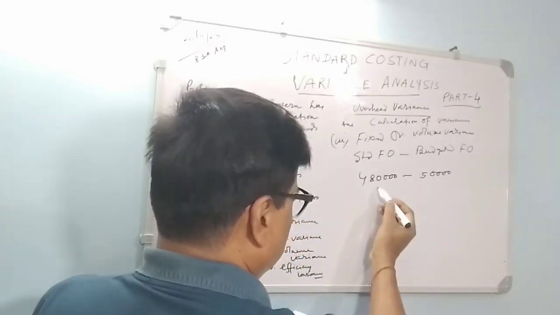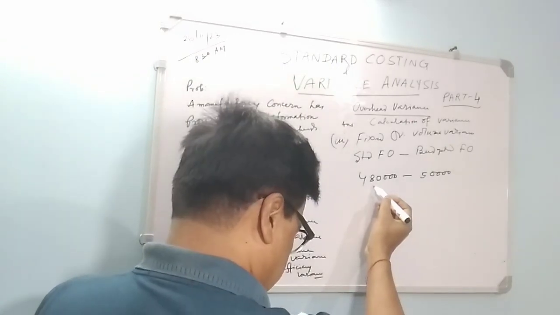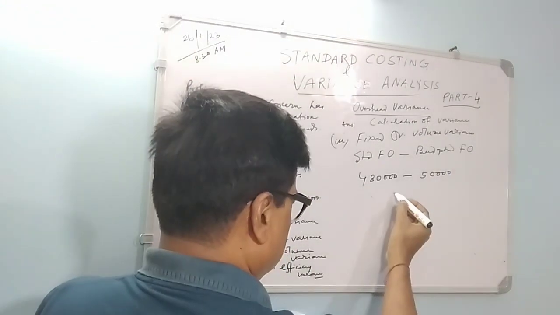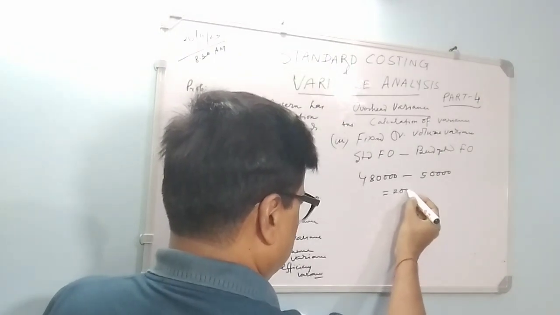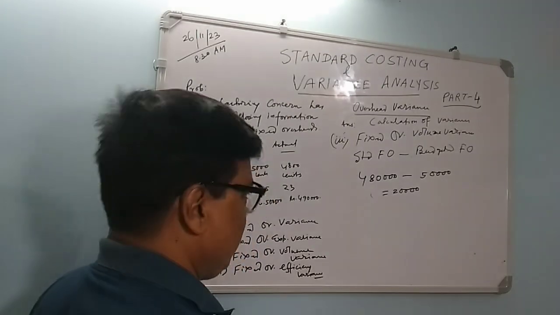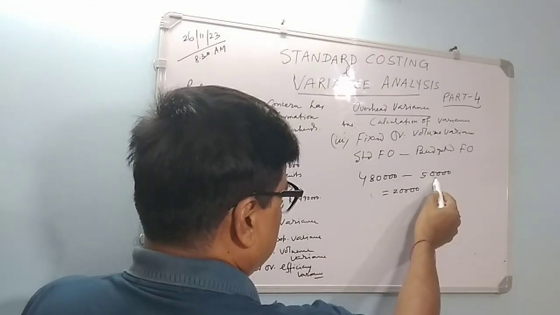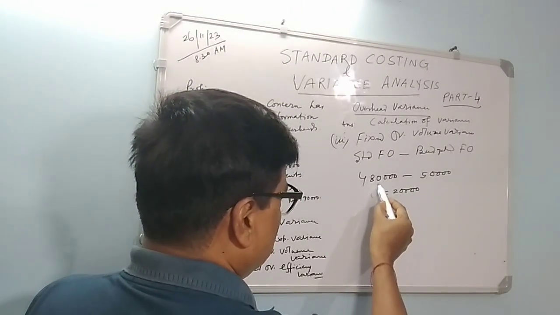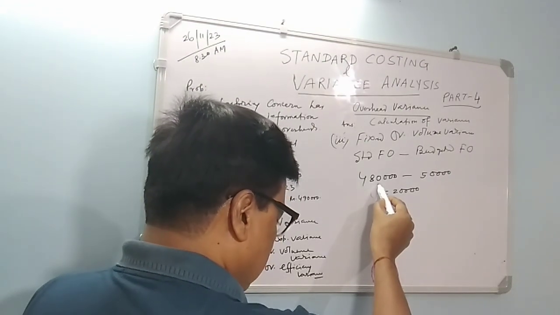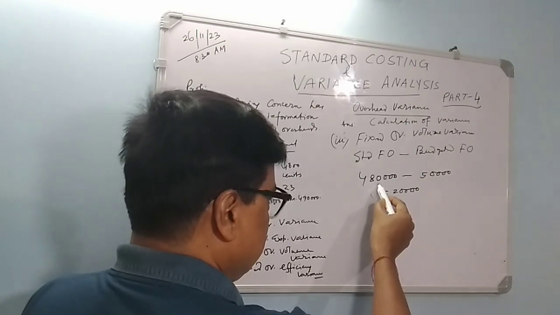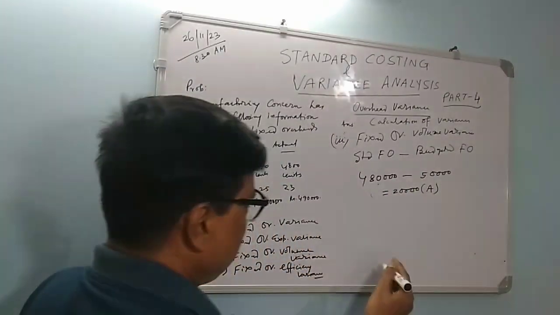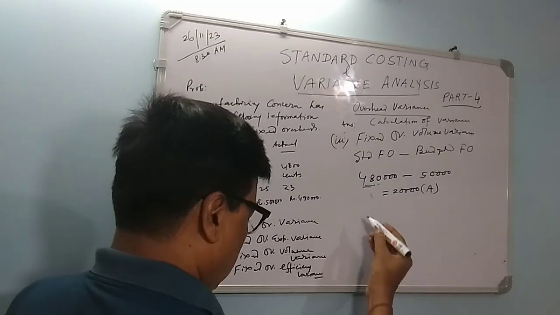So if your standard is 4,80,000 and budgeted fixed overhead is 5 lakhs, there is this 20,000, whether it is adverse or favorable. You see that budgeted fixed overhead, with that your standard, that means standard fixed overhead is less, then it will be adverse. So again we are repeating, how is that 4,80,000 coming?